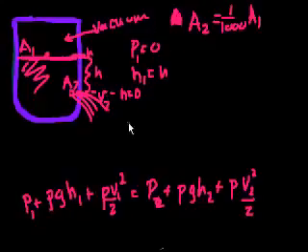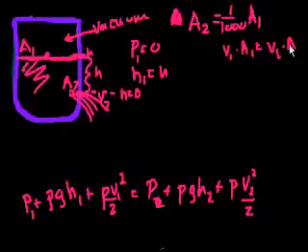And what is the input velocity? Well, we know from the continuity equation that the input velocity times the input area is equal to the output velocity times the output area. And we also know that the output area is equal to 1/1000th of the input area, right?